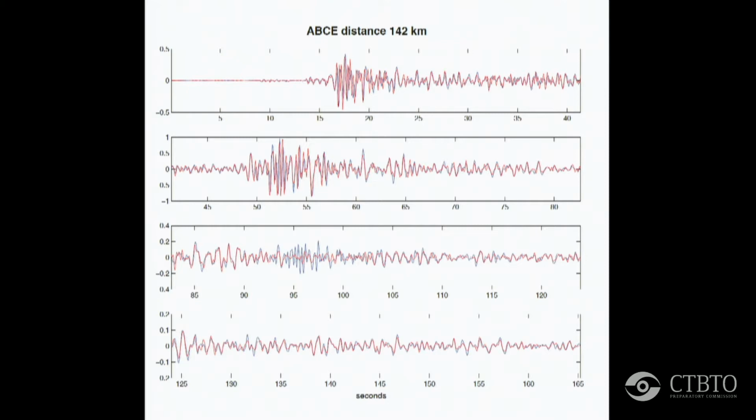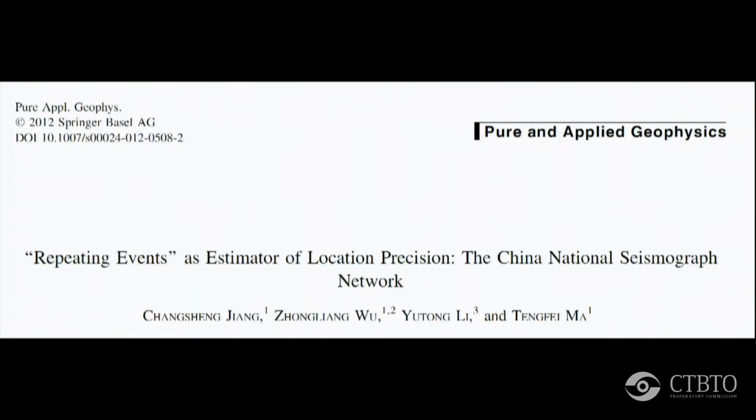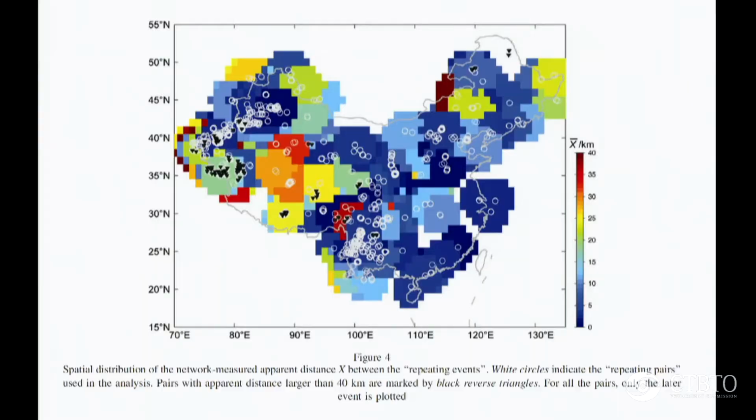So I reported more than 2,000 pairs of repeating events to Professor Wu Zhongliang some time ago, and with his students, he took this set of more than 2,000 doublet pairs and made maps with his colleagues, notably Changsheng Jiang, and mapped how far apart these repeating earthquakes are.